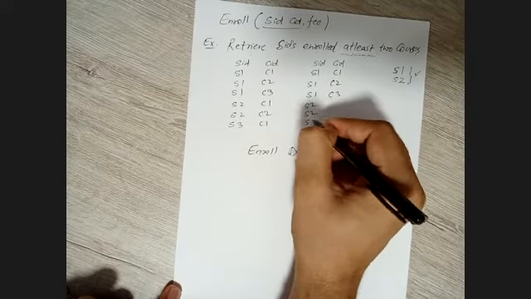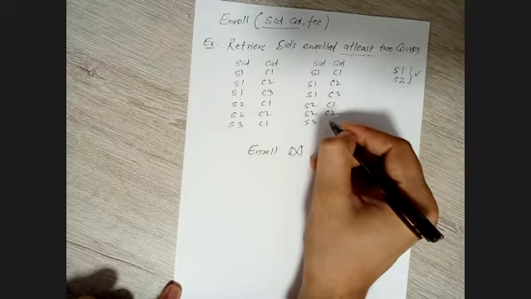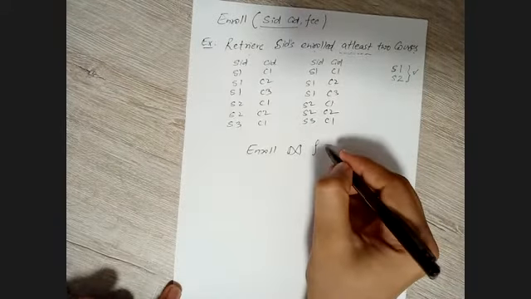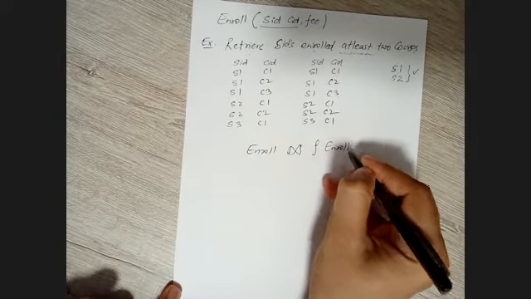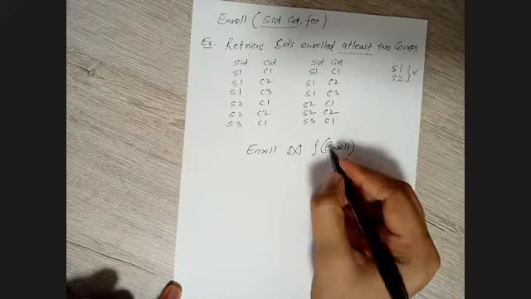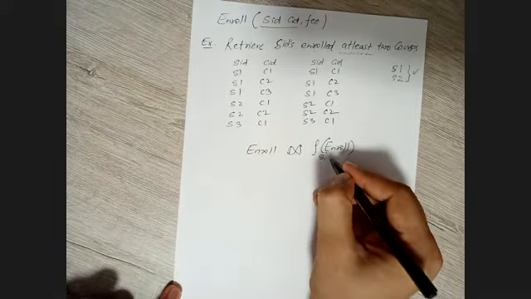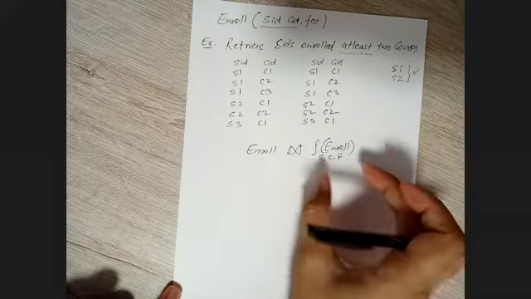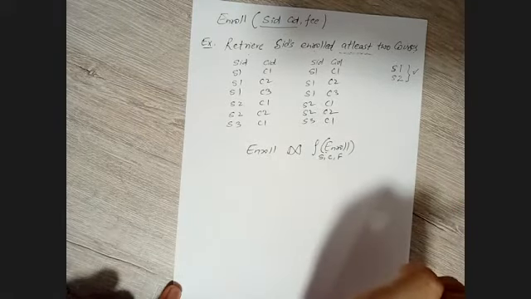I have written Enroll and I'm renaming the attributes: SID for S, CID for C, and for the field, let's say F. This is how we use the rename operator here.